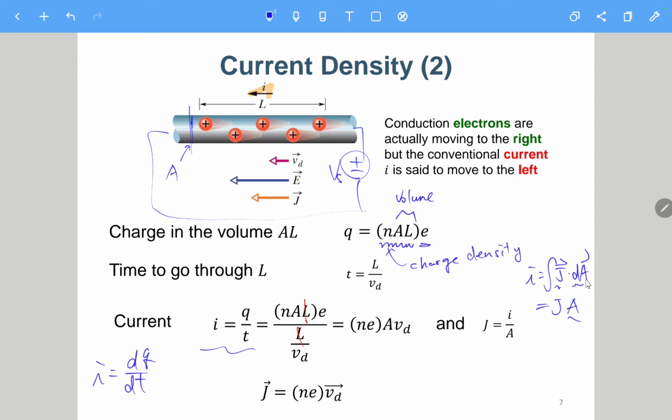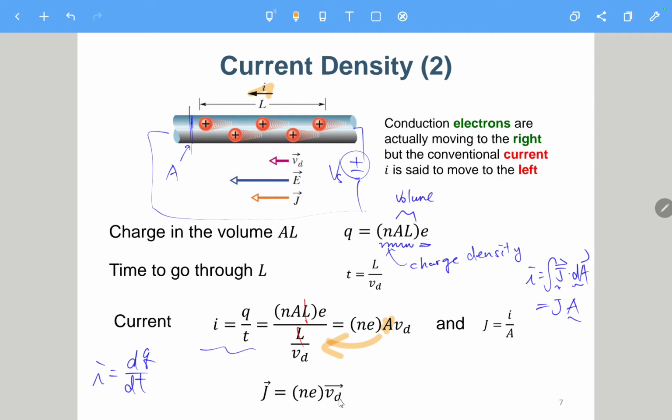It's like integrating a constant, which is nothing but a multiplication. So we have I equals JA, so I over A equals J. I just move this A over. So I over A is J, and then we have N E times Vd.